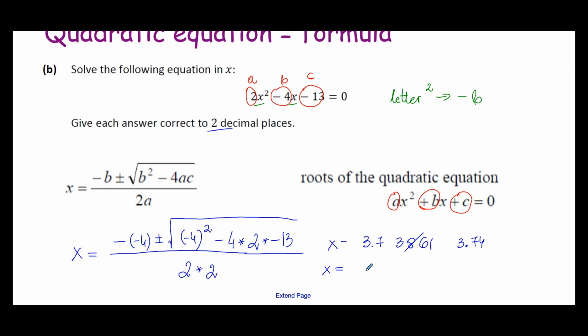And the second value we're going to get is minus 1.738612, and again, the third decimal is 8, so again add 1, so minus 1.74.